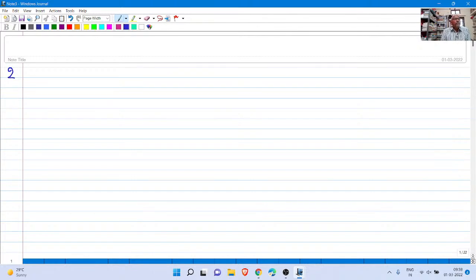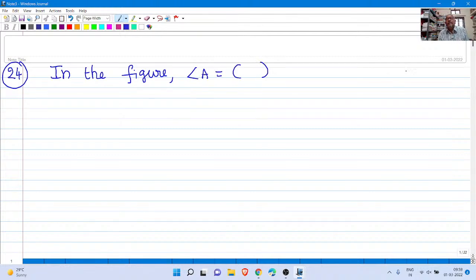So the 24th problem. In the figure, angle A equals what? So first draw the figure. This is the circle. So two tangents are drawn.